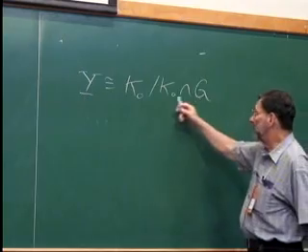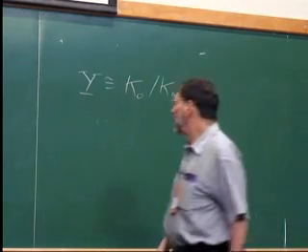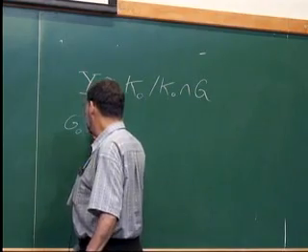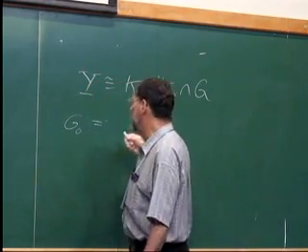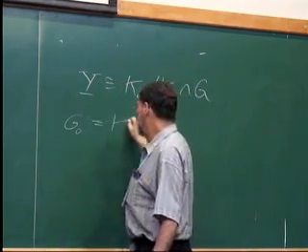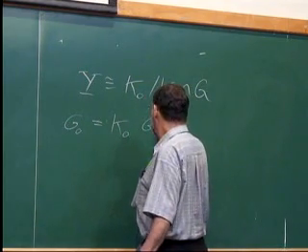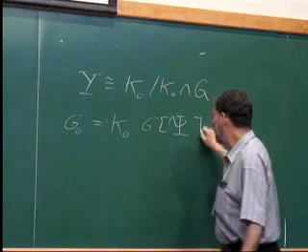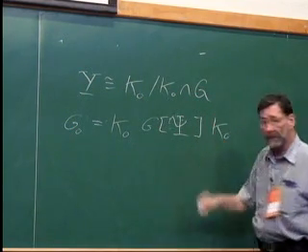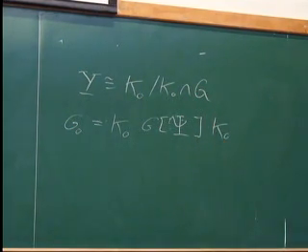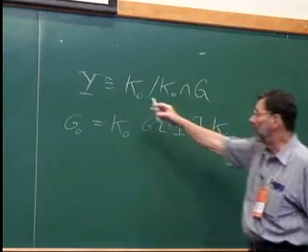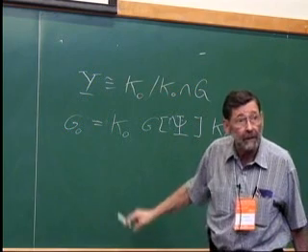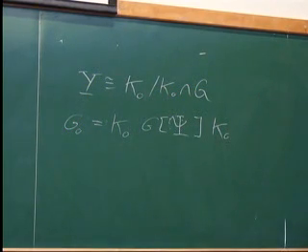Q won't contain K0, and we're still going to be in a situation where G0 is equal to K0 G psi K0. That's just as long as K contains a Cartan subgroup of G0, you still have this.